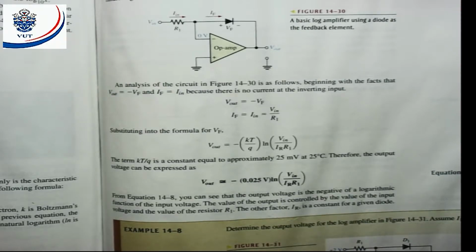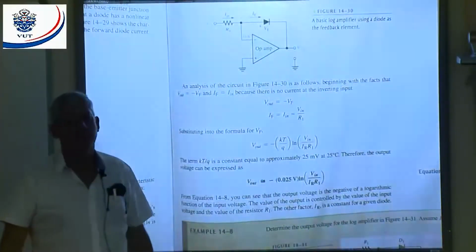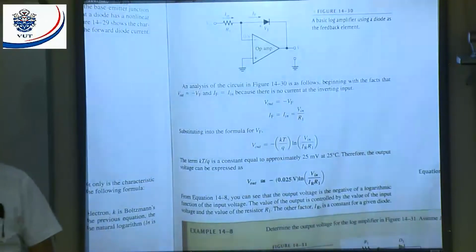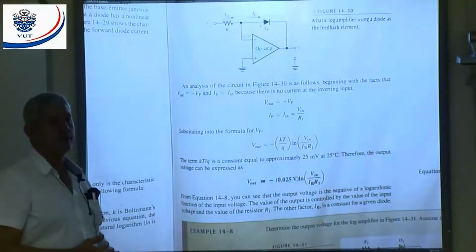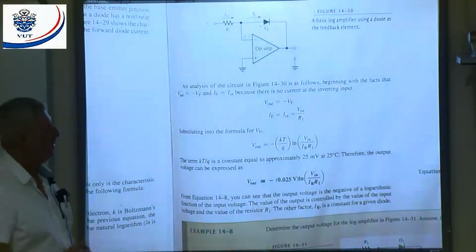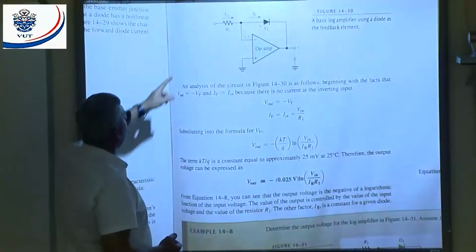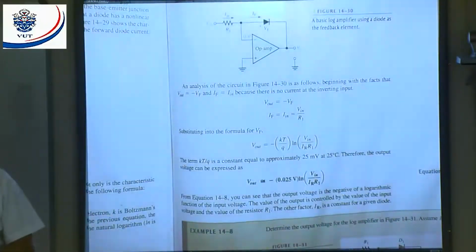If I apply a negative input to my circuit, will it work as a log amplifier, yes or no? No, it won't work as a log amplifier because the output will go positive. When the output goes positive, the diode is reverse biased. And let's say I put in a negative input so that my output goes to, for example, 5 volts.